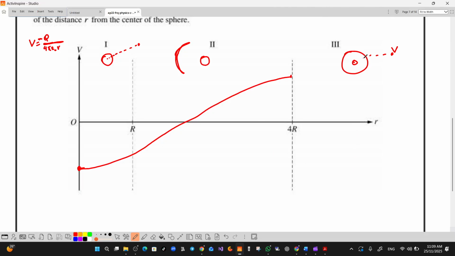Now, again, here we have the insulator sphere, and then the shell. When we cross the boundary of the shell at 4R, we are getting away from the positive charge, which means the electric potential will decrease, because we are moving from high potential to low potential.